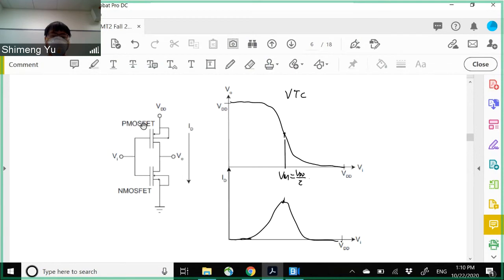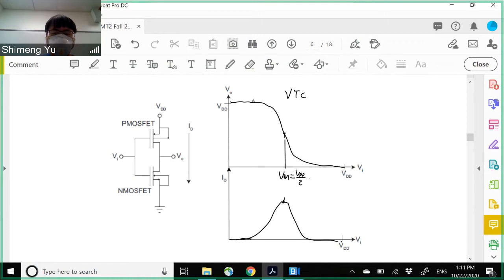So now the PMOS becomes stronger. Then it's easier to pull up, or in other words, it's more difficult to pull down. This VTC curve is going to pull down the output, and now it's more difficult to pull down.